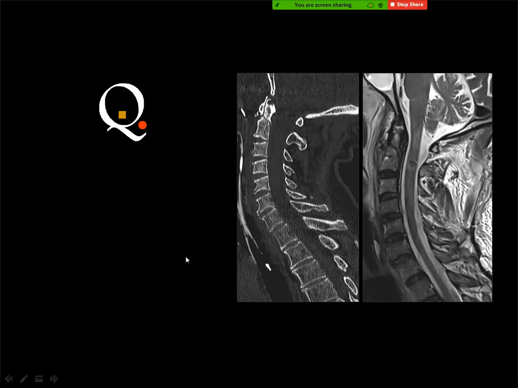perifocal edema. What I want from this case is to remind you that in every case of the cervical spine, whether by CT or by MRI, you should look carefully at the region of the odontoid.